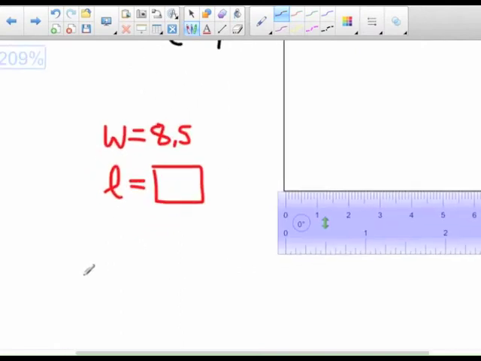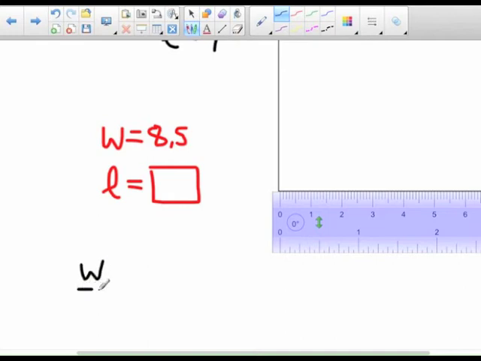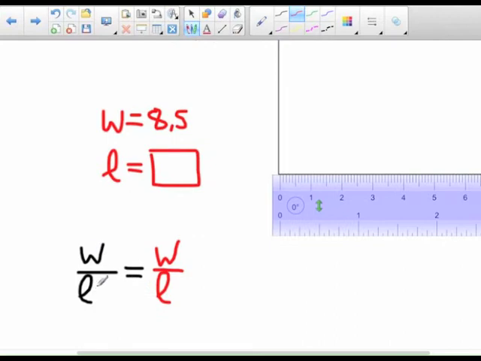So here's what we're going to do. We're going to say that the width of the original divided by the length of the original is equal to the width of the new rectangle divided by the length of the new rectangle. Right? Remember, because I said that the ratio of the width to the length stayed the same.